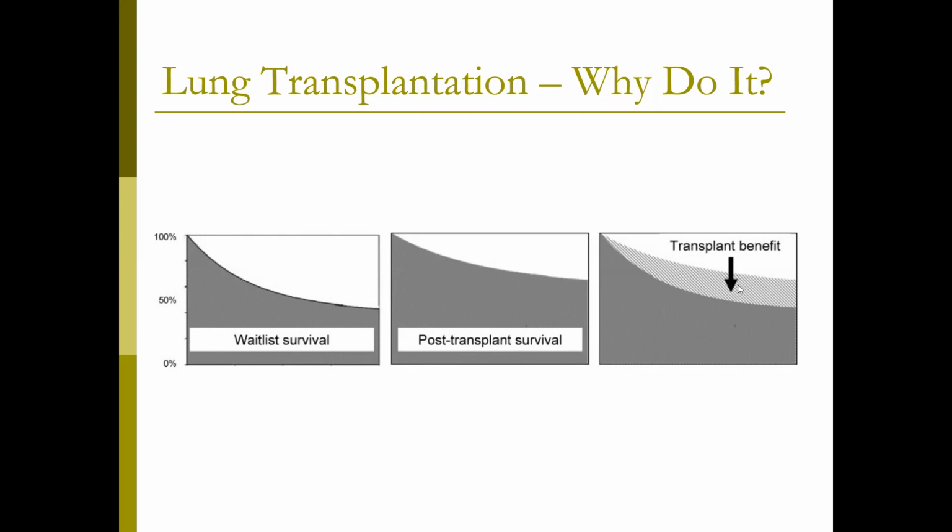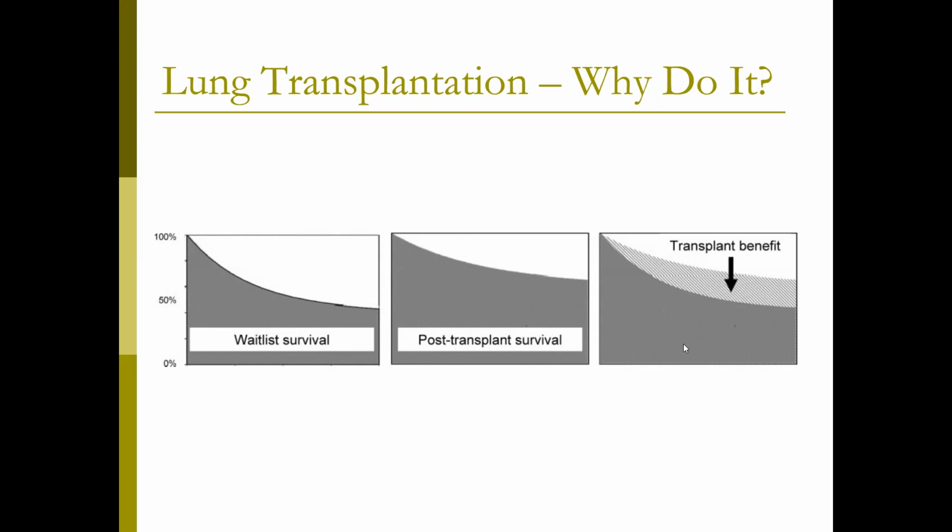The true transplant benefit lies between these two graphs. The graph on post-transplant survival has got to be better than the graph of waitlist survival. If there's no significant difference, then there's no point in transplanting these individuals. So the money, if you will, or the survival benefit is between these two graphs.